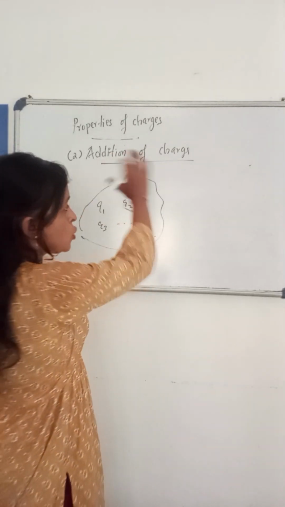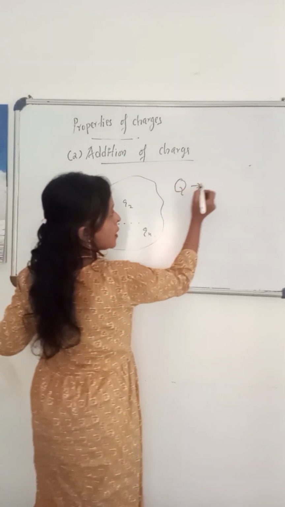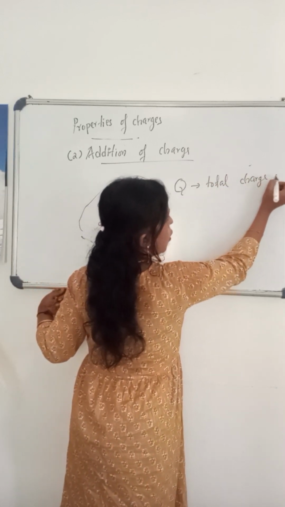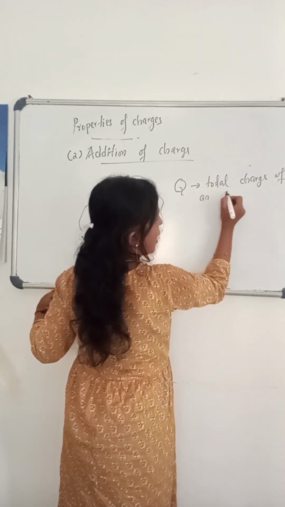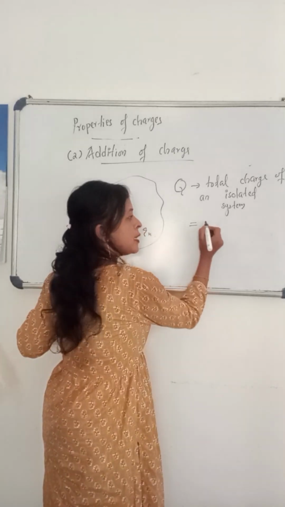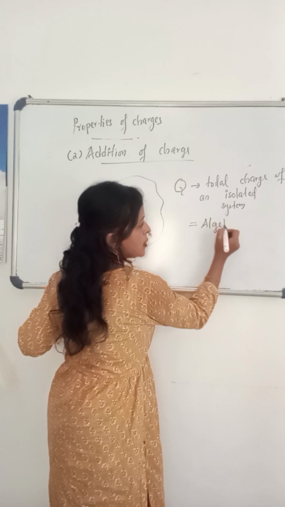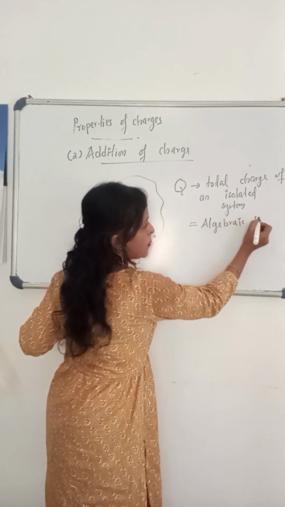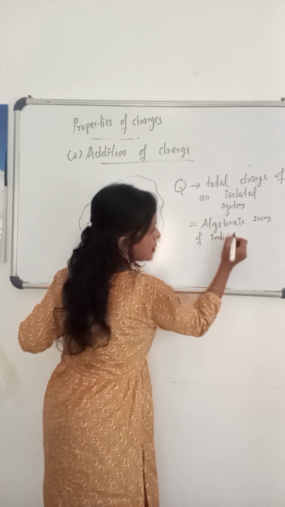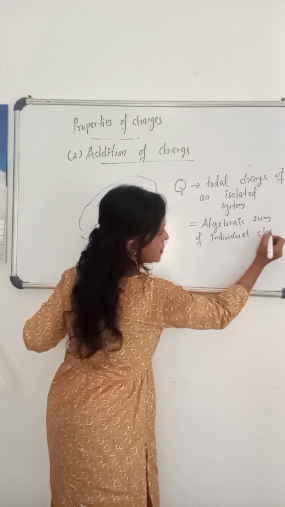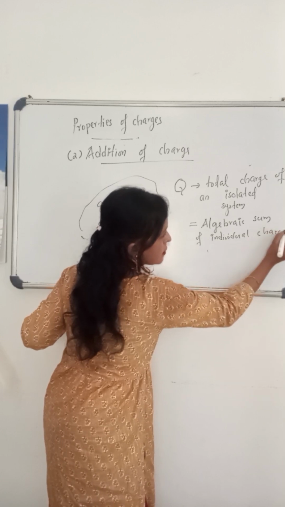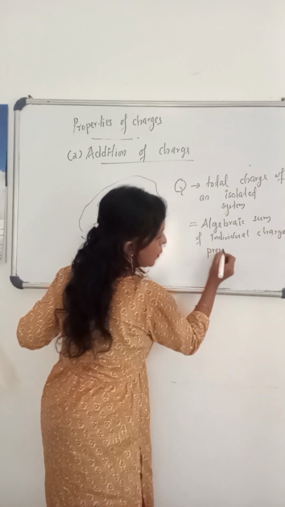The total charge of an isolated system is the algebraic sum of individual charges present on the body.